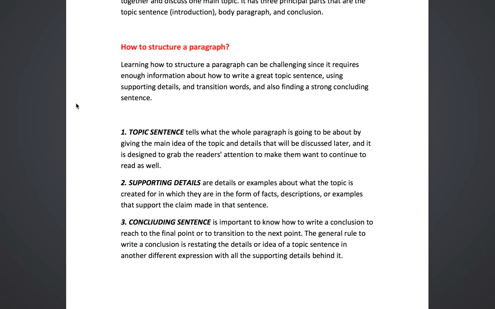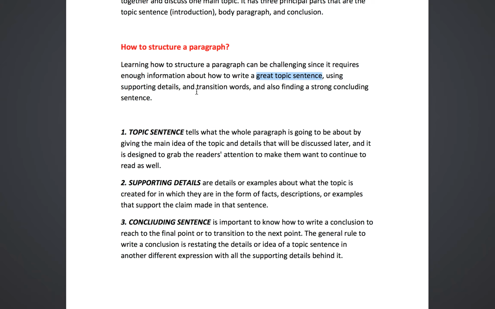Learning how to structure a paragraph can be challenging, since it requires enough information about how to write a great topic sentence, using supporting details and transition words, and also finding a strong concluding sentence. This is how a paragraph is structured. First, a great topic sentence, and supporting details in a body paragraph, which we are going to cover.